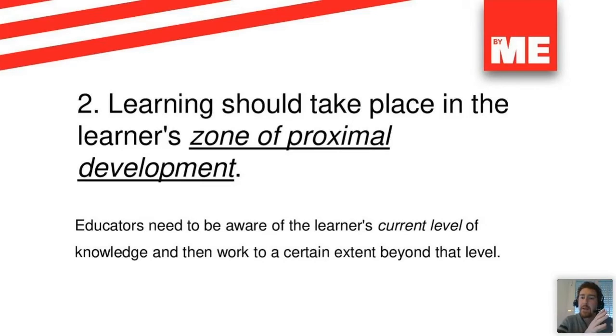Back to what I referred to from Lev Vygotsky, that learning should take place in the learner's zone of proximal development. So educators need to be aware of the learner's current level. Okay, back to knowing your student. To know their current level of knowledge and then work to a certain extent beyond this.